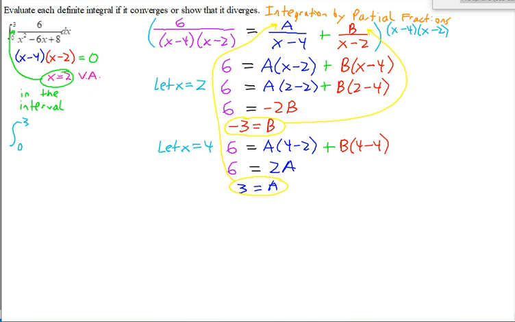A was 3, so this would be 3 over x minus 4, plus 0 to 3. B was negative 3 over x minus 2.